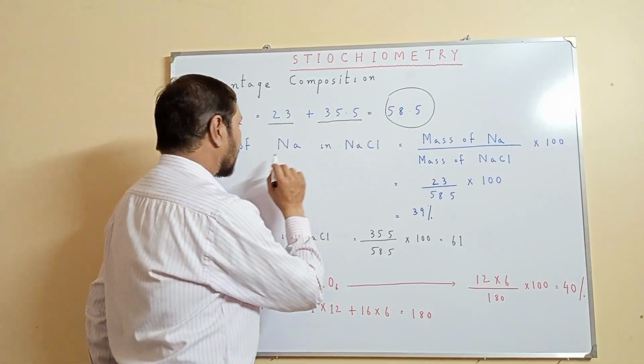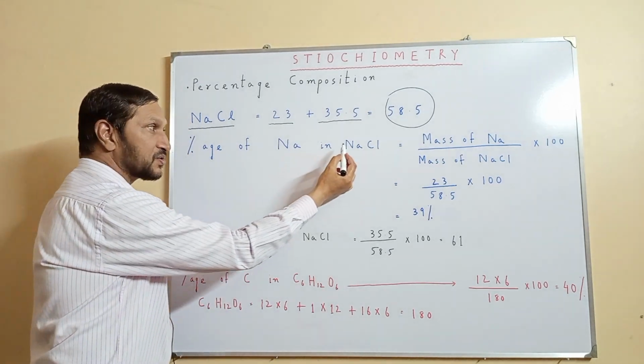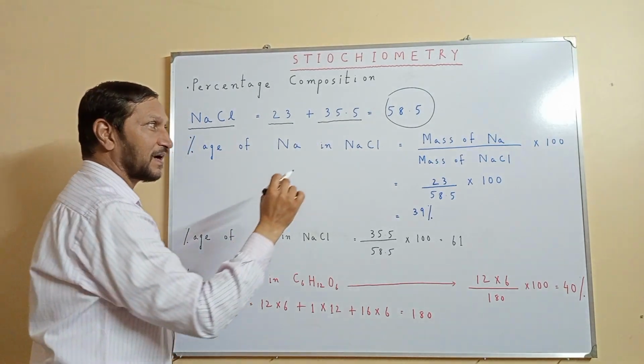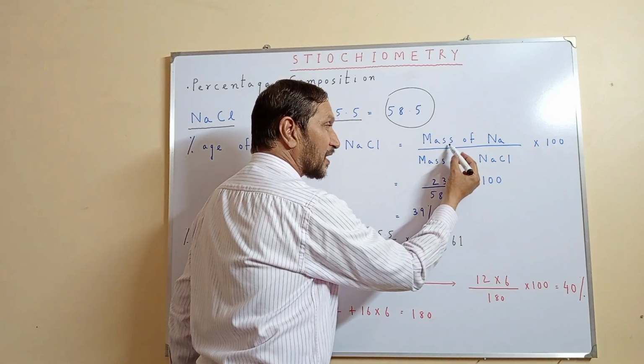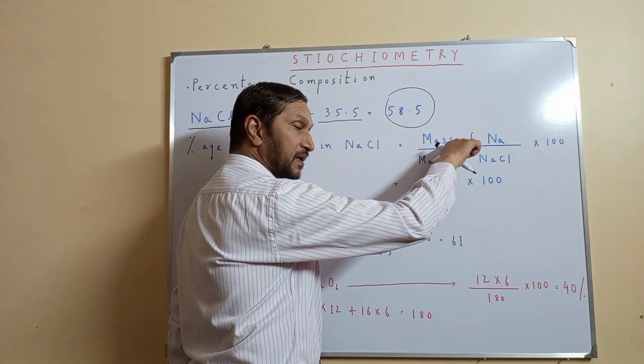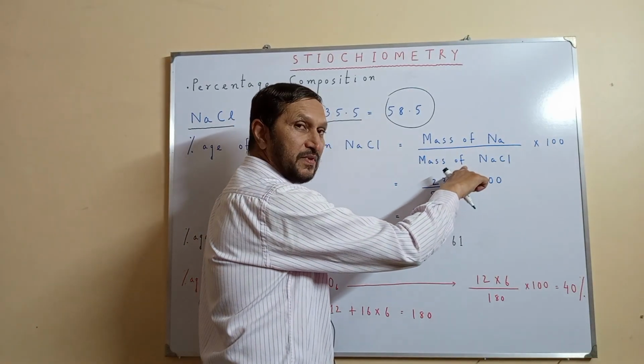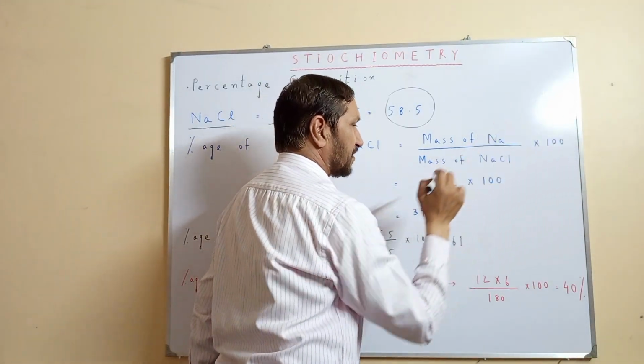For calculating the percentage of sodium in sodium chloride, I will write the mass of sodium in the numerator and the mass of sodium chloride as denominator, multiplied by 100.